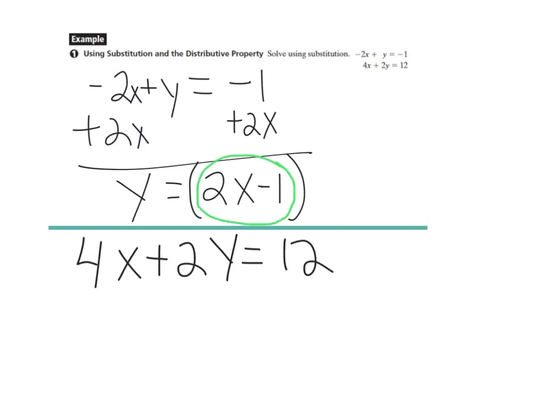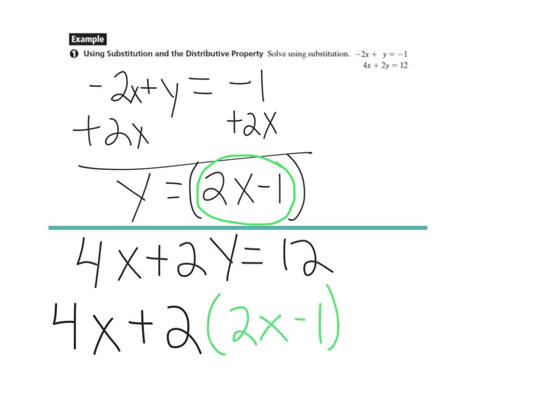So we've got 4x plus 2 times (2x minus 1) equals 12. You see what I did there? I plugged in 2x minus 1 for y, because in the first equation, when I said y, you say 2x minus 1. So it's like interchanging your first and last name. We just interchanged the 2x minus 1 for the y in the second equation.